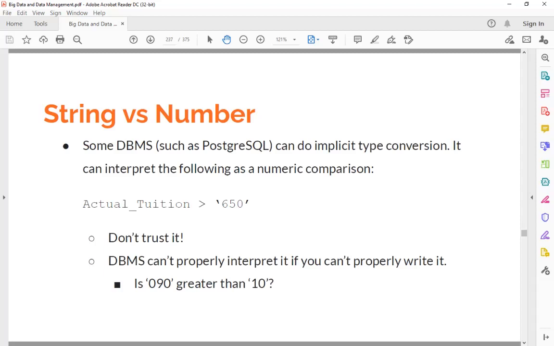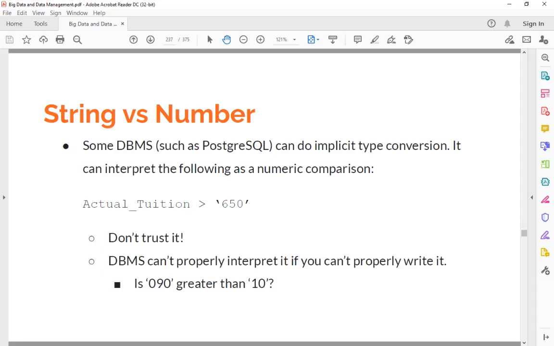But some DBMS, including Postgres, are smart enough to guess that when you put this string in a numerical comparison with a numerical column, you must mean that you are considering this string as a number.